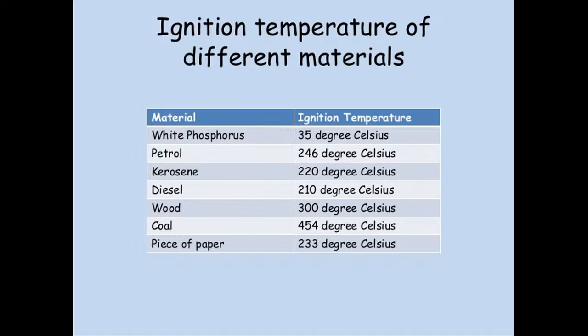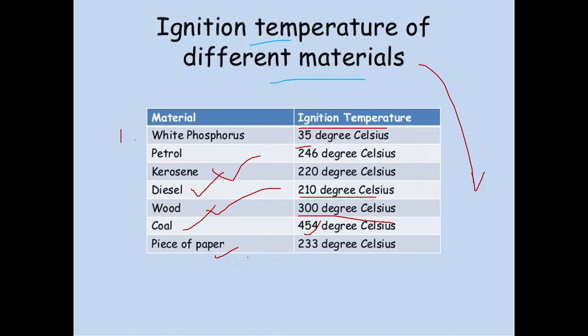Now, ignition temperature in different materials. Ignition temperature is different for different materials. All materials do not have the same ignition temperature. Some examples: white phosphorus is 35 degrees, petrol is 246 degrees, kerosene is 220 degrees, diesel is 210, wood is 300, coal is 454, and a piece of paper is 233.